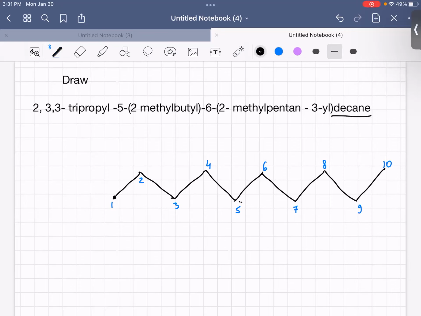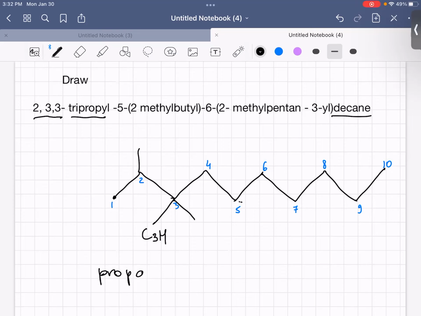Okay, so 2, 3, 3-tripropyl. So on carbon 2 and on carbon 3, we have some propyl groups. Propyl means C3H7.